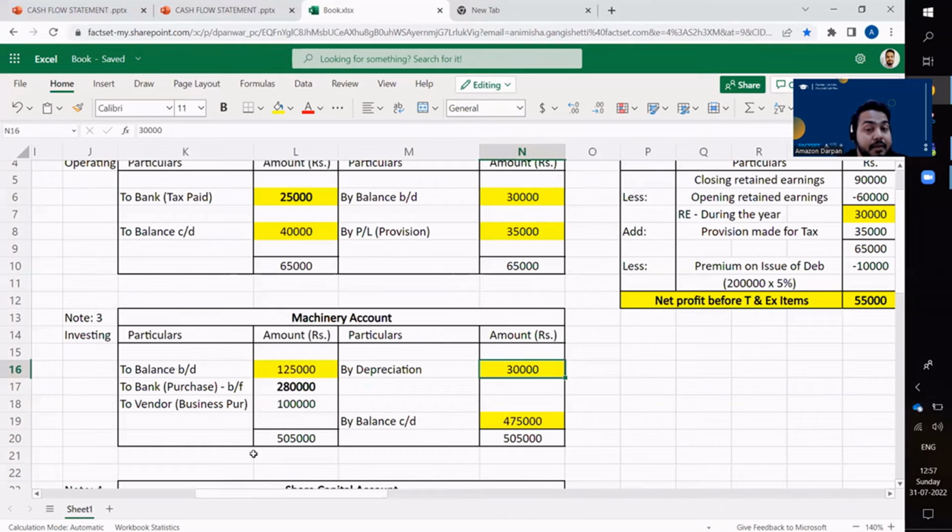And then remember one important point: vendor business purchase. What we try to understand from this is that depreciation does come in the machinery account, we all know, but why do we have to arrive at this balancing figure? Because this was the amount we paid in cash or bank, in cash flow.